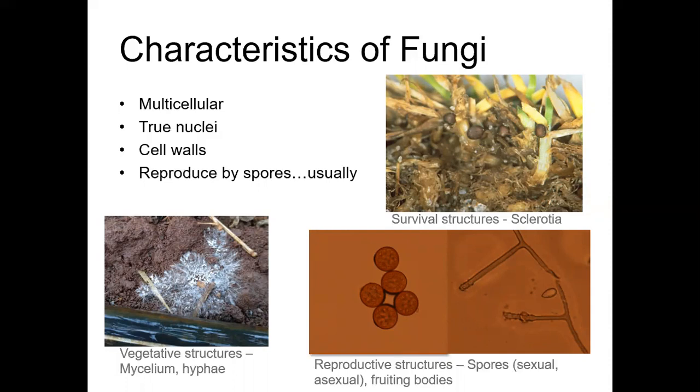Don't grow the same family in the same place year after year, or those organisms are going to build up. Even when you're planting resistant plants, you're still going to have problems because those organisms get in the soil and they overwinter and they stay there. So rotating crops is a good way to avoid getting some of these fungal diseases.